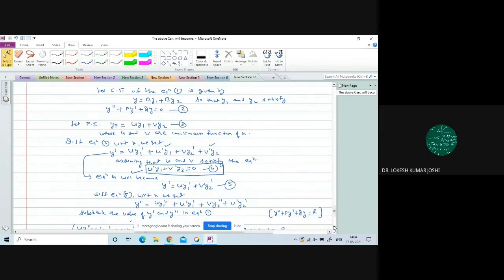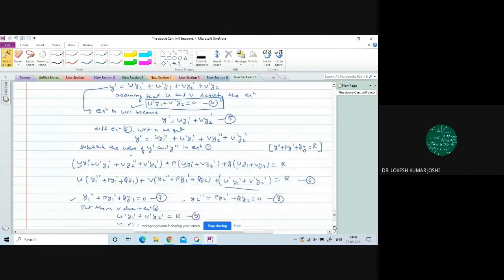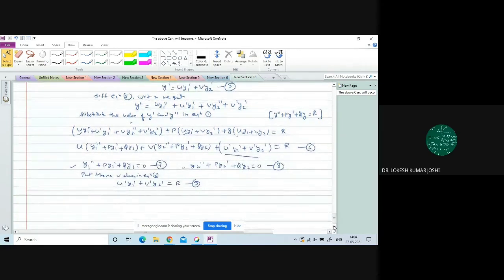Since both equations contain u dash and v dash, I am writing equation 4 here: u dash y1 plus v dash y2 equals 0.